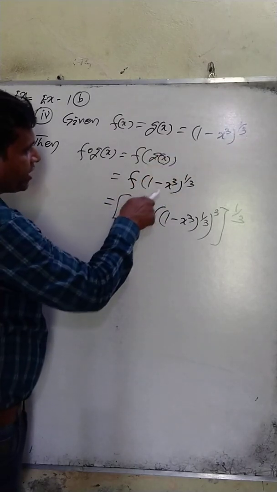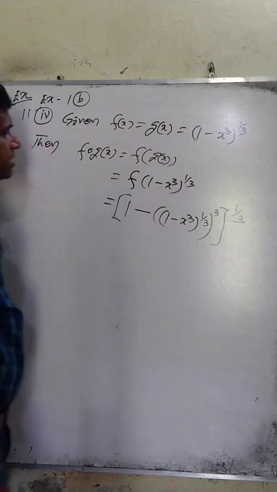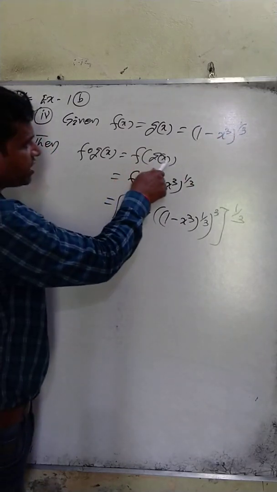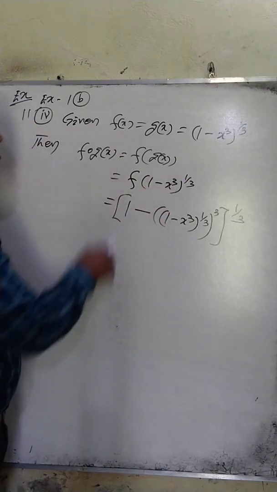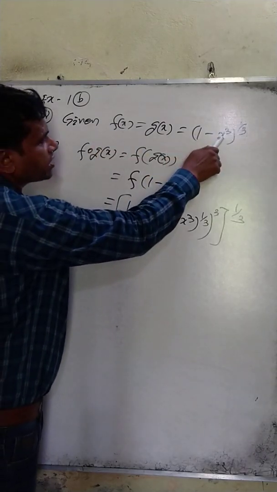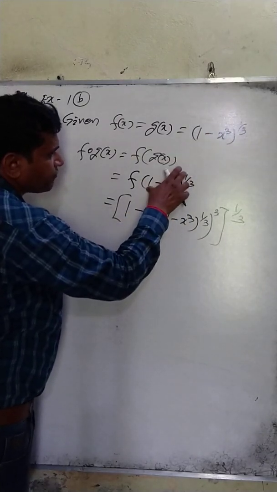In place of x, we put (1 - x^3)^(1/3), because g(x) is equal to (1 - x^3)^(1/3). So f(x) = (1 - x^3)^(1/3), and in place of x we put that function.